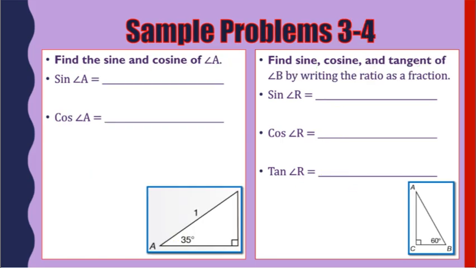Example 3 and 4, find the sine and cosine of angle A. So if angle A is here, we need to find the sine and cosine of that angle. So we will need to use our calculator here to solve this one. I will grab my calculator.